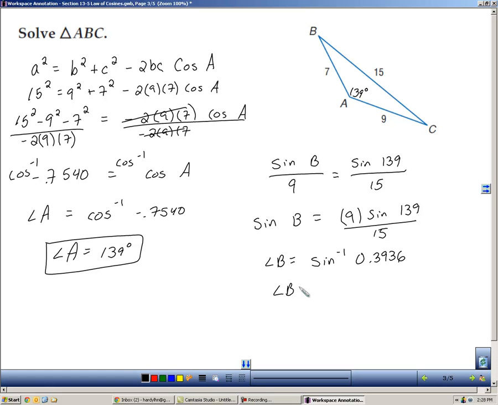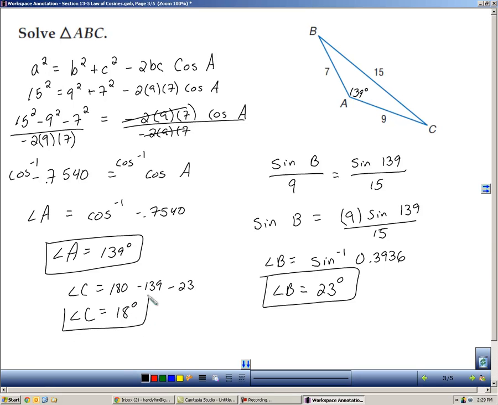So we find out that angle B here is going to be 23 degrees. And so now I know that angle C is 180 minus the 139 from angle A and minus the 23 from angle B, and that's going to be 18 degrees. So there I've solved my triangle. Again, law of cosines was the first thing I used, then law of sines, and then the fact that all the angles equal 180.